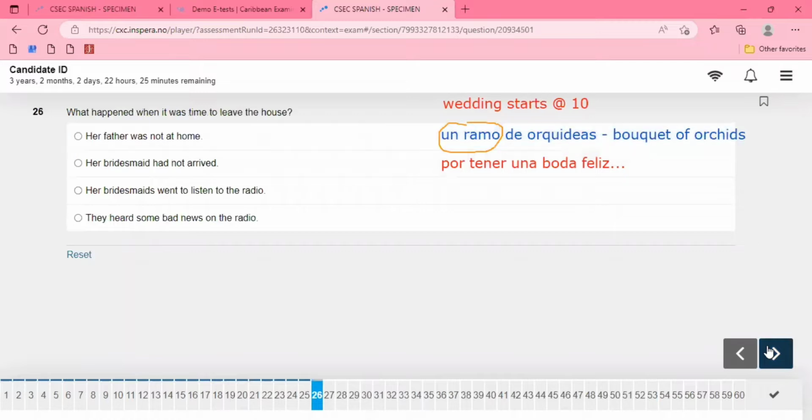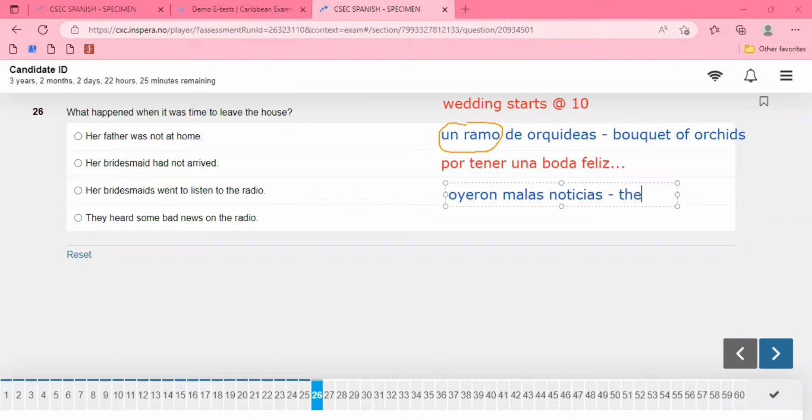I'm just going to leave the notes up. What happened when it was time to leave the house? Now at the end of part A, we heard the term malas noticias. So when they're about to leave the house, they heard some bad news.